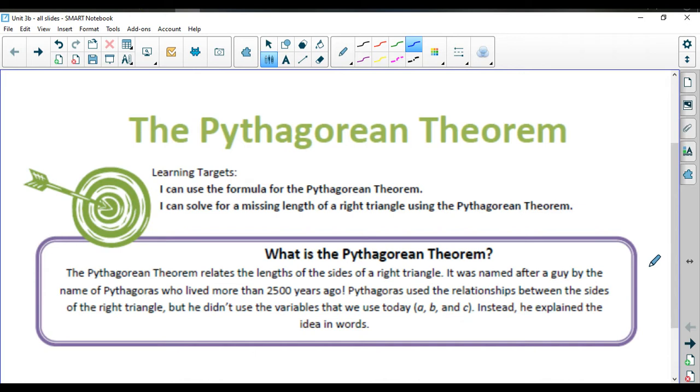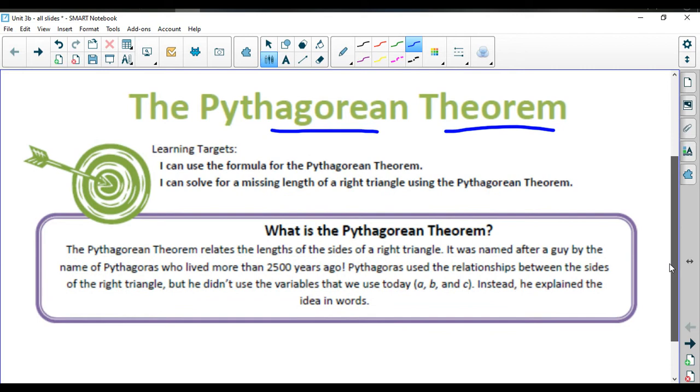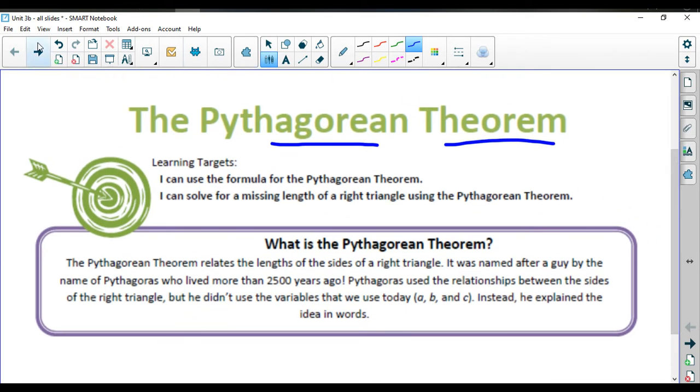Pythagoras put this idea into words for us, and it became known as the Pythagorean theorem, which gives us our mini unit. Then back in the 1800s, when we actually started using variables, they applied the letters A, B, and C, which we'll talk about in just a minute. So that's a quick background on the Pythagorean theorem.